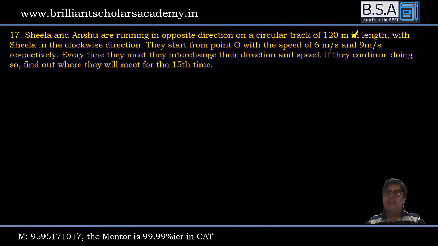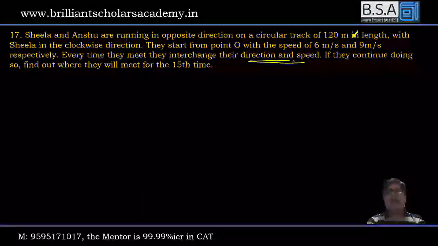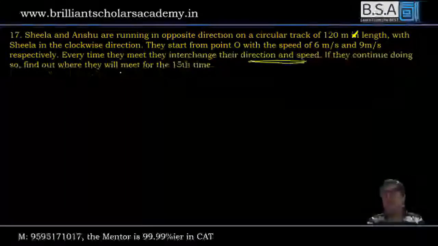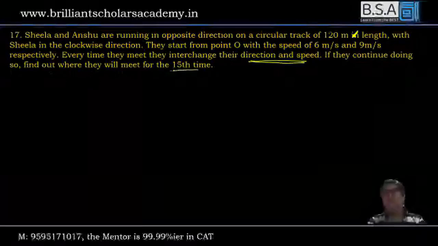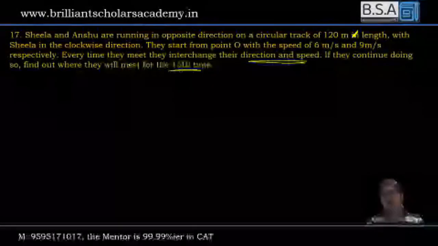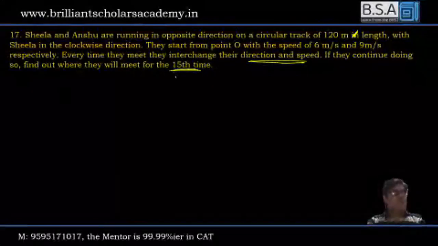Every time they meet, they interchange their direction and speed. If they continue doing so, find out where they will meet for the 15th time. So how far from the starting point O?